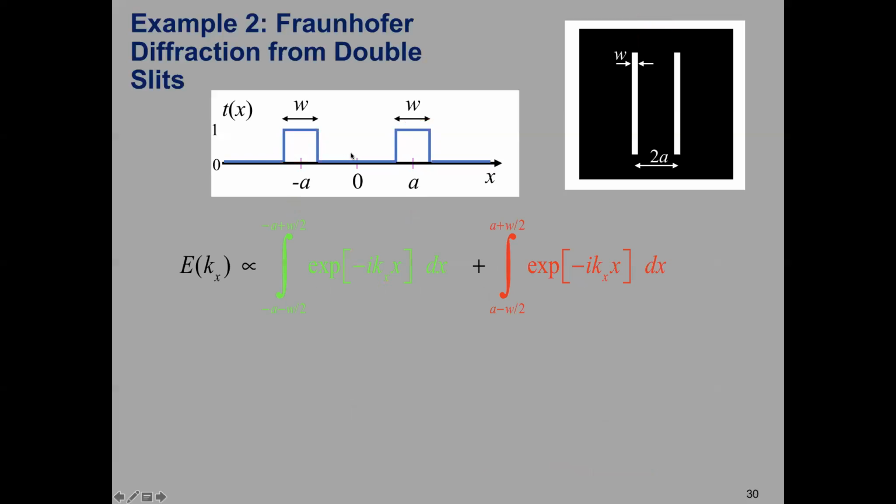The lower slit, or the negative slit in our aperture, is green. The positive slit is in red. And doing these integrals, plugging in bounds, simplifying things, you get this sum of exponentials, very similar to the last problem.